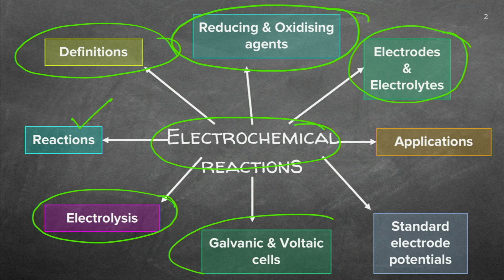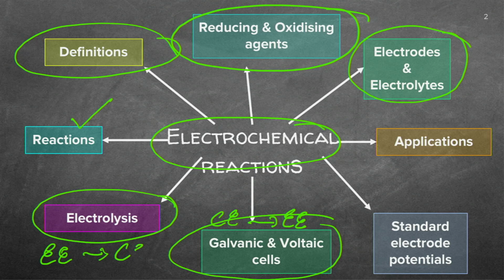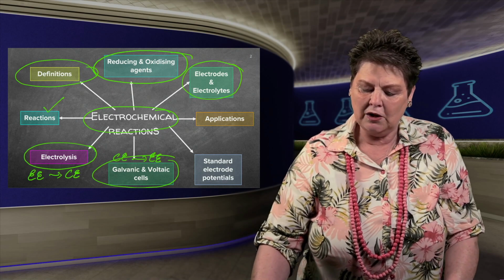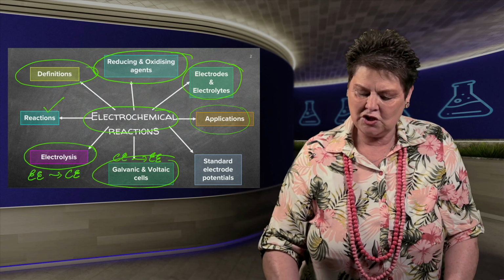And then we started off with chemical energy making electrical energy. We're now busy with electrical energy becoming chemical energy. So it's a reverse of the other. And we will now see what the applications will be.